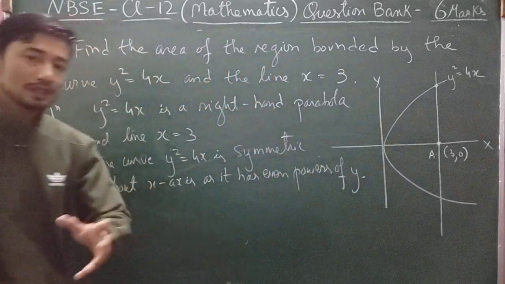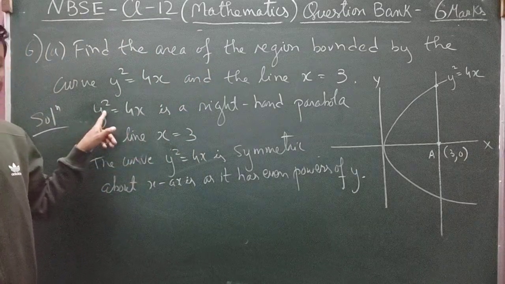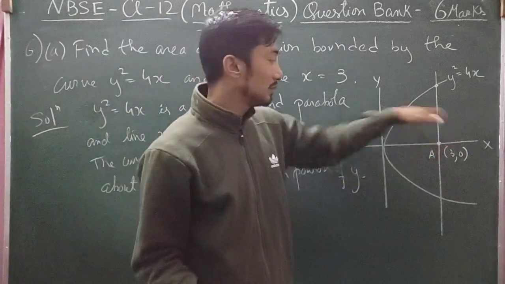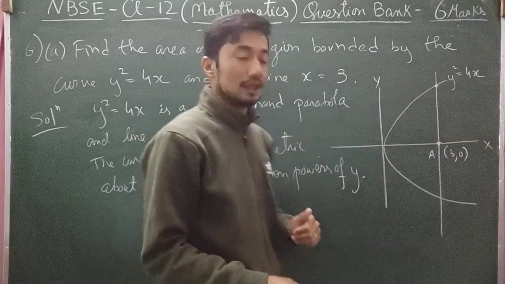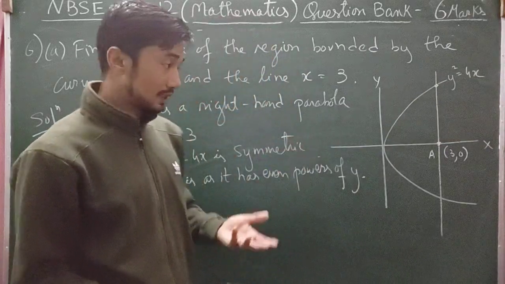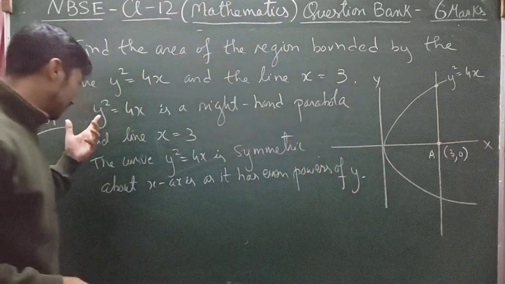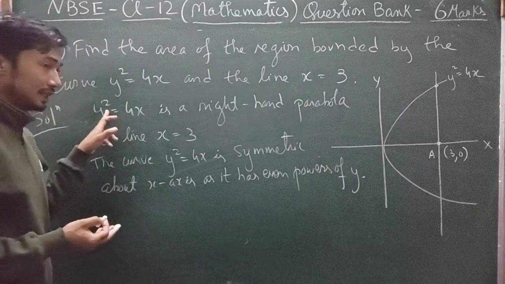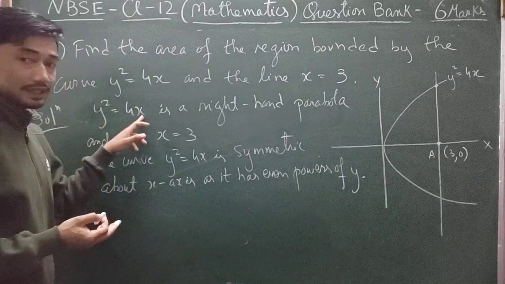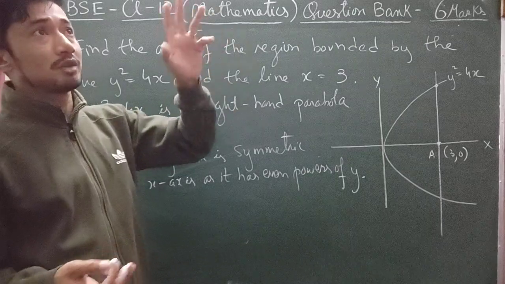I guess you know that, isn't it? When the power of y is even, the graph will be perfectly symmetric about the x-axis. When the curve equation has even power for x, it will be perfectly symmetric about y-axis.